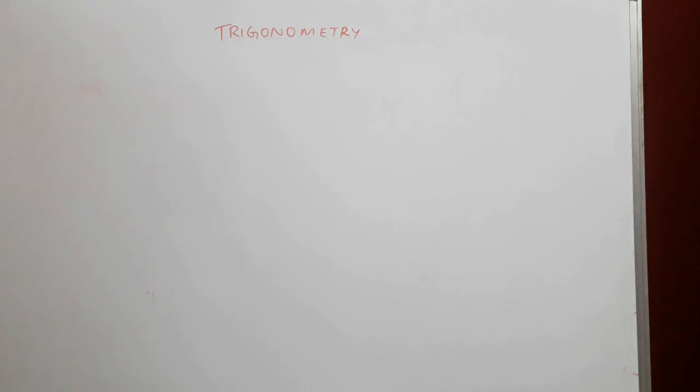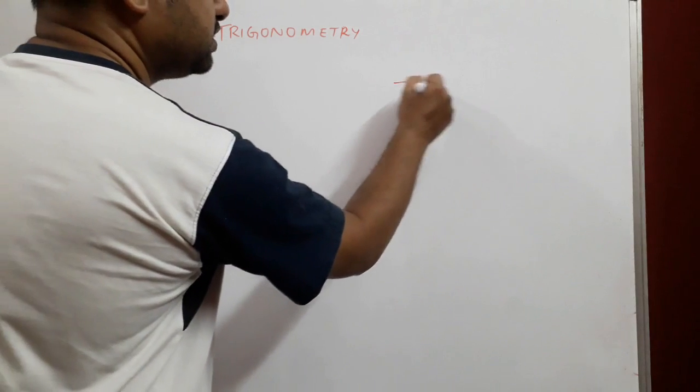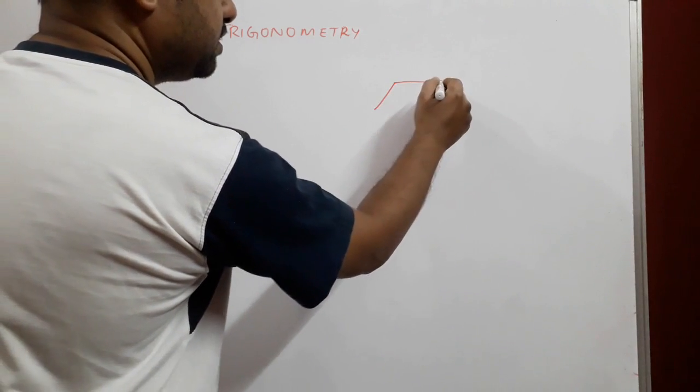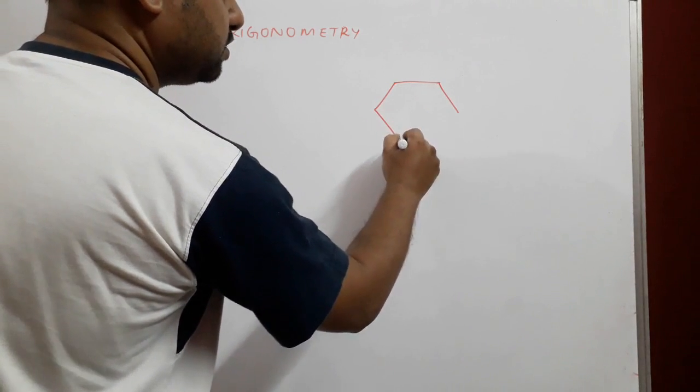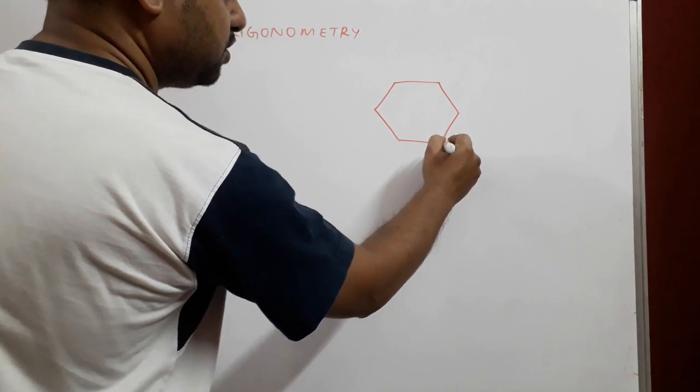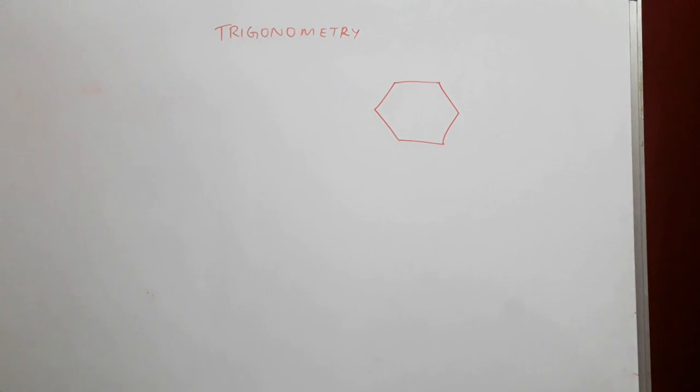Hello students, in this video we will learn about the relationship between trigonometric ratios such that it is related to the number 1, and we'll see how that is. First, we have to start with a regular hexagon, which is a six-sided closed figure.